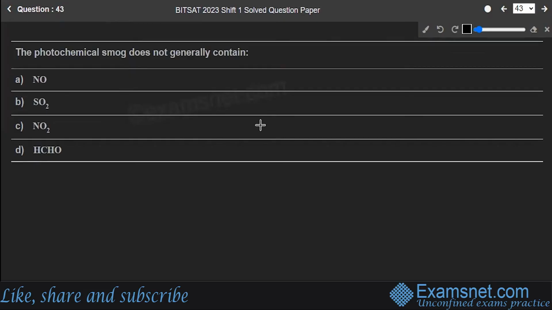Next is question number 43. The photochemical smog does not generally contain nitrogen dioxide, sulfur dioxide, nitrogen dioxide, or HCHO.